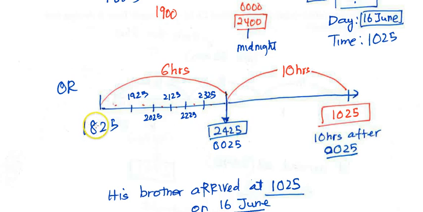So you do it this way: 18:25, 19, 20, 21, 22, 23, 24, 25, right? Then it's 6 hours. Then you add another 10 hours to make it 16 hours. So you just count all the way. It should stop at 10:25 in the morning, the next day on 16 June, 10:25 in the morning, right? That's all. Get your work done.